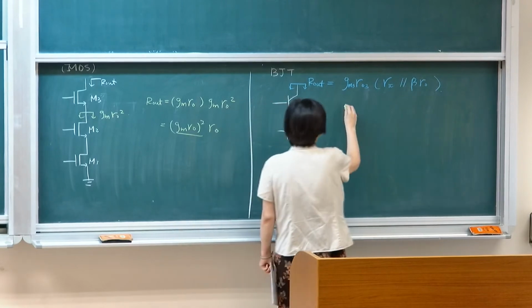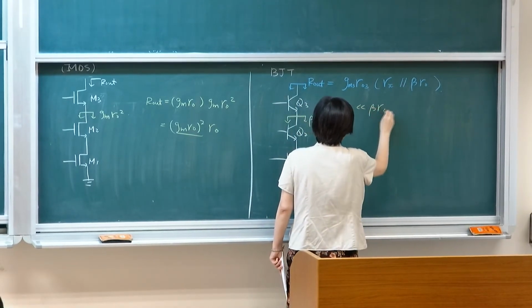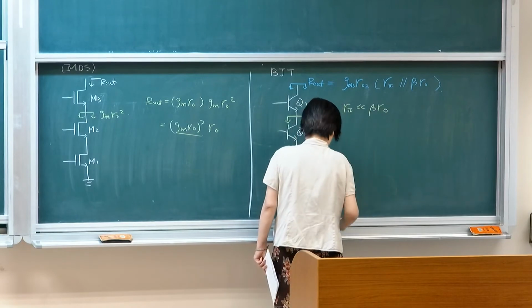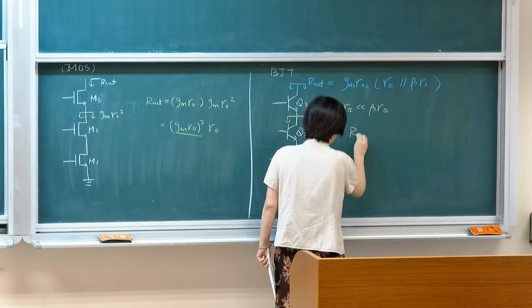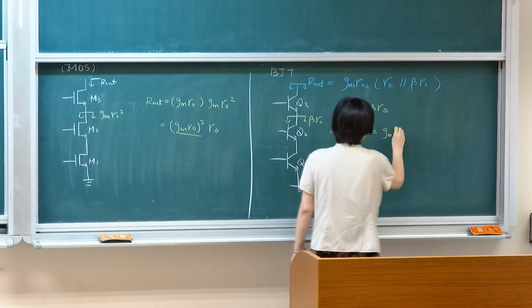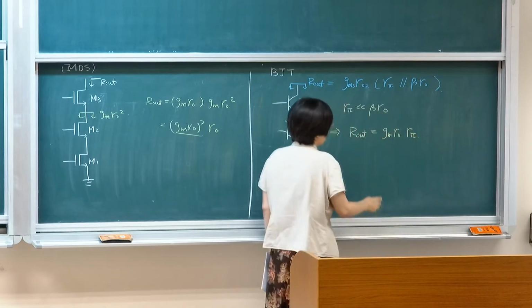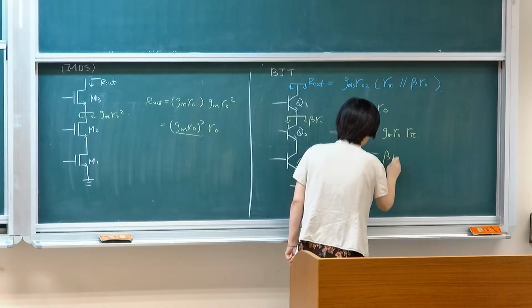Of course, R pi will be much, much smaller than beta RO. Therefore, the output resistance will then become GM RO R pi. Again, so it's beta RO.